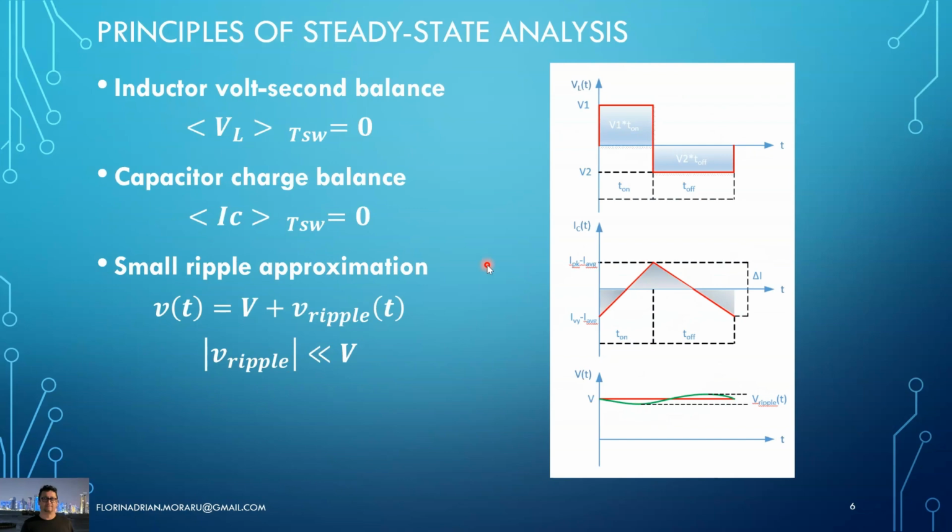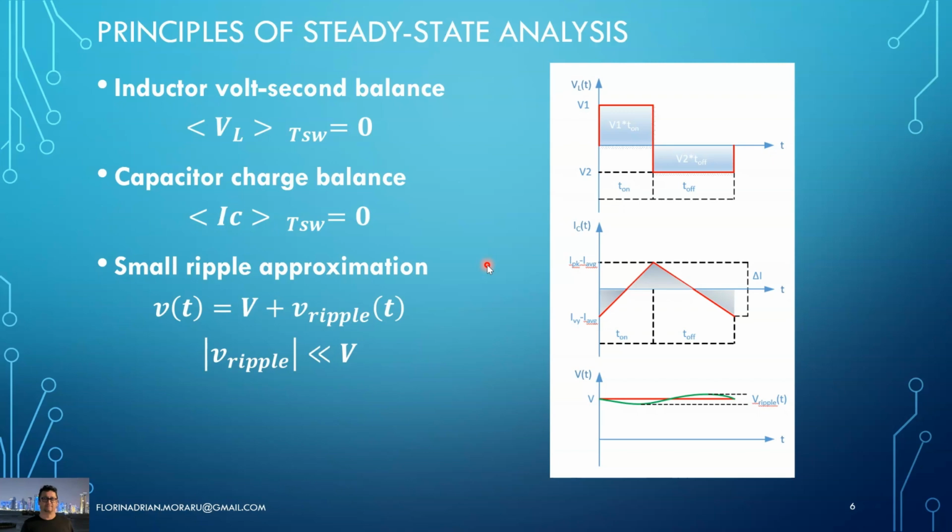In a similar manner, we have capacitor charge balance. That means the average current through a capacitor over a switching period must also be zero. Imagine we have an output capacitor. If we put more electric charge in that capacitor than we extract over one switching period, the voltage over the capacitor will start to rise, right?